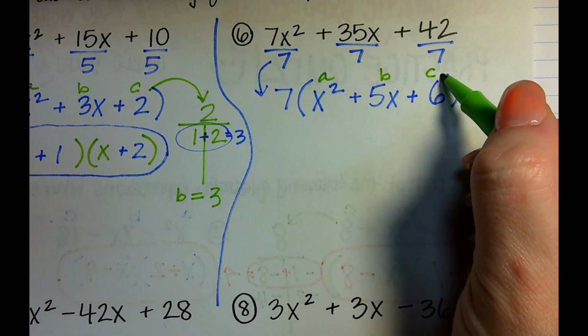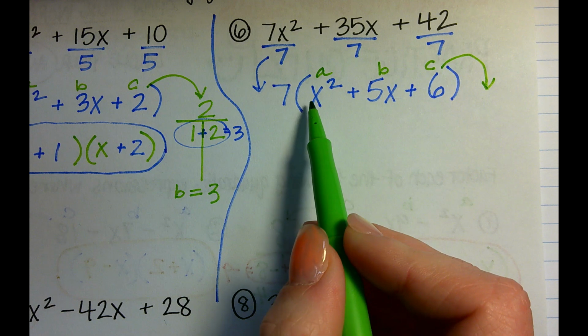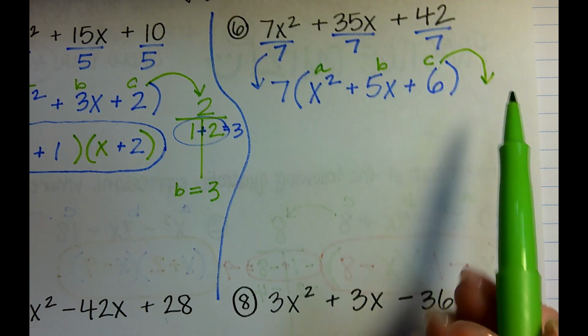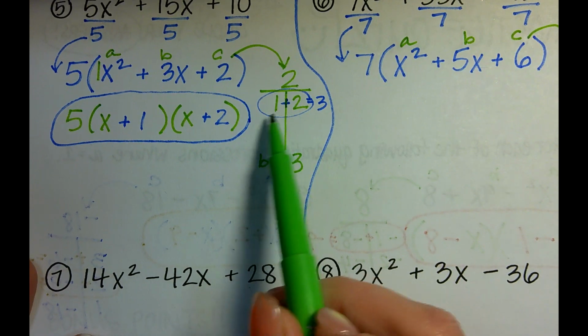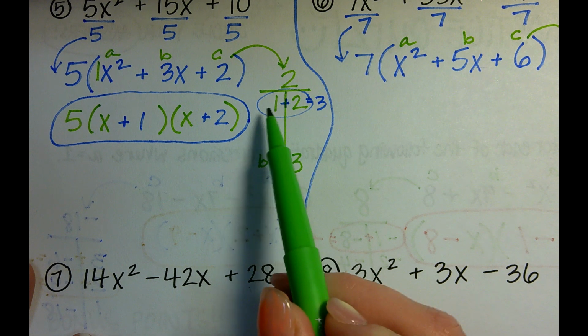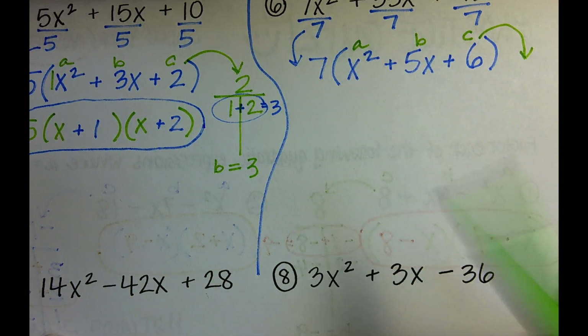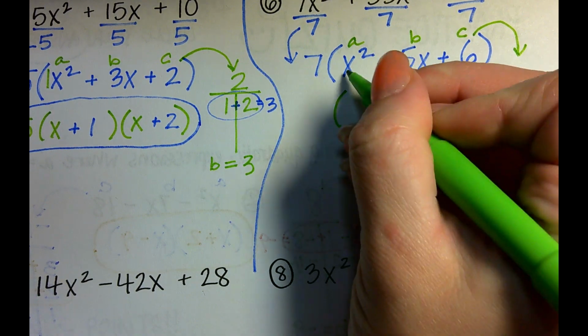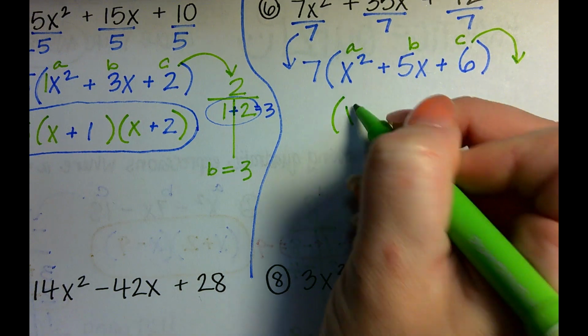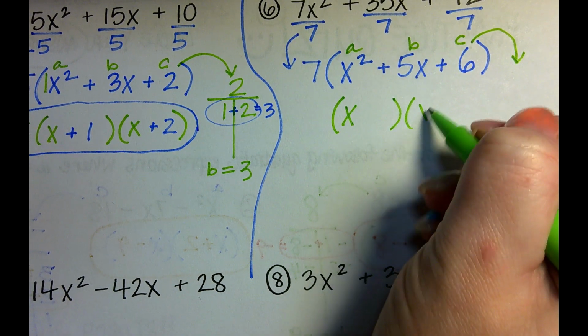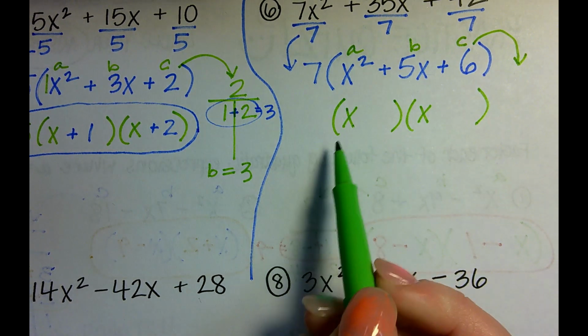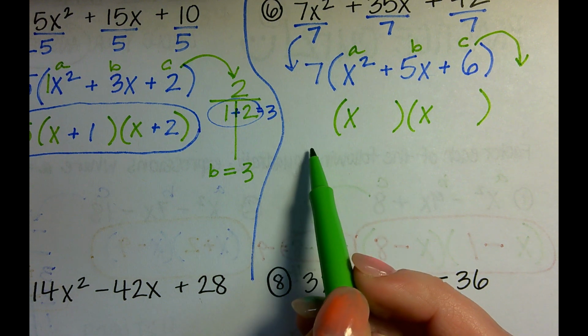And because our A is 1, we know that we'll be able to do this process where we just add the factors together and find our answer. Because to get x squared, we just need x and x. But what am I missing? 7. My 7. I got to bring that down.